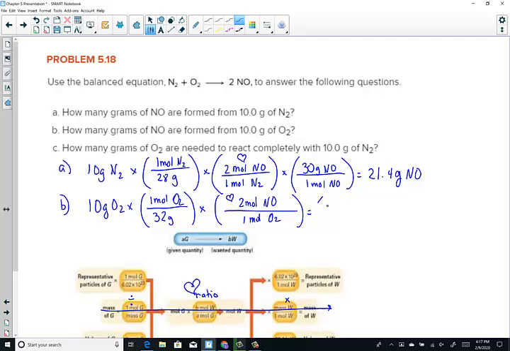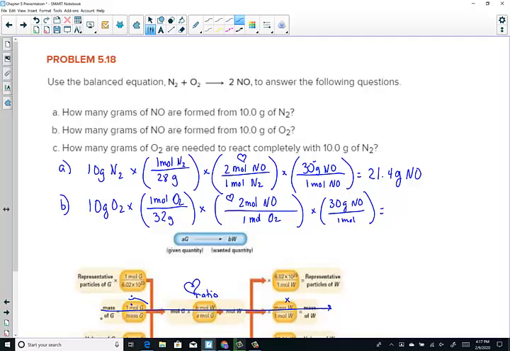The nitrogen oxide molar mass was 28. No, it was 30, right up here. 30 grams. We divide, we ratio, we multiply. 10 over 32 times 2 times 30.